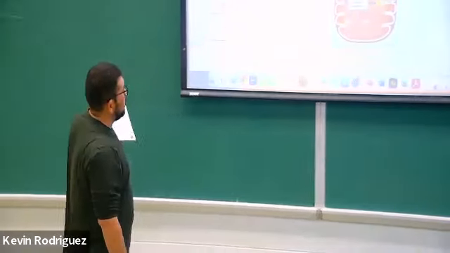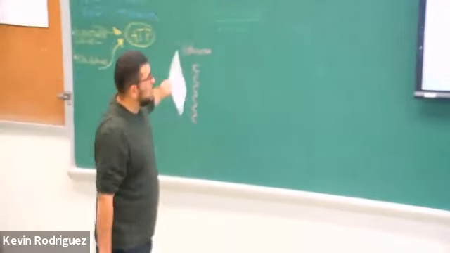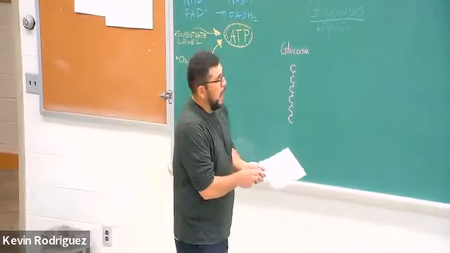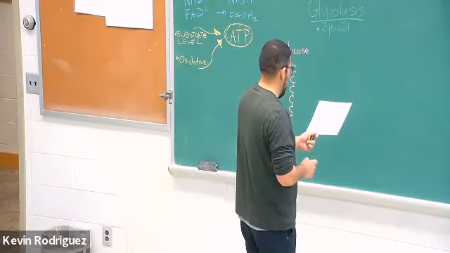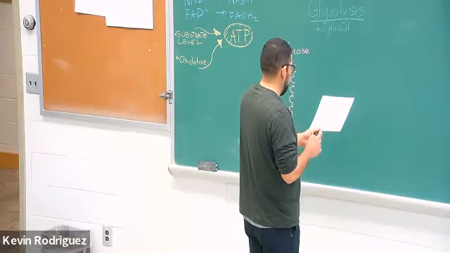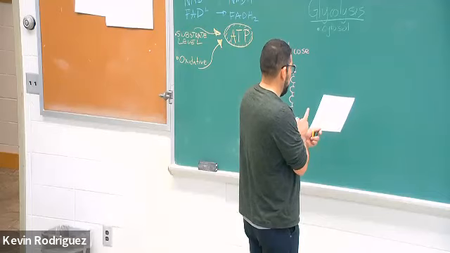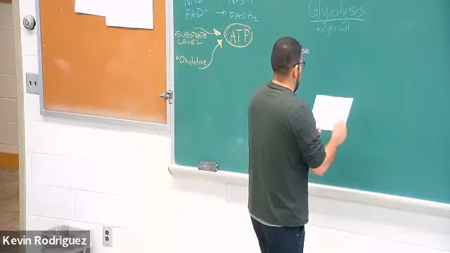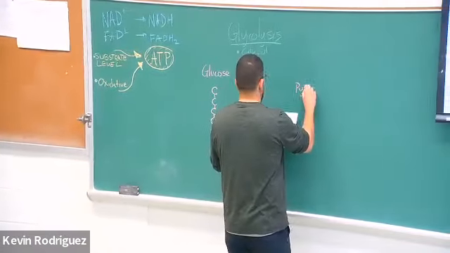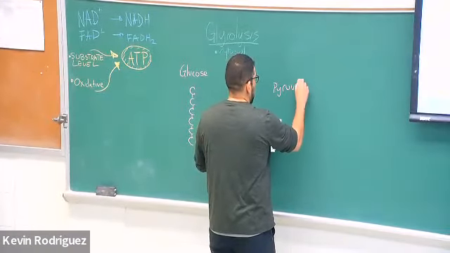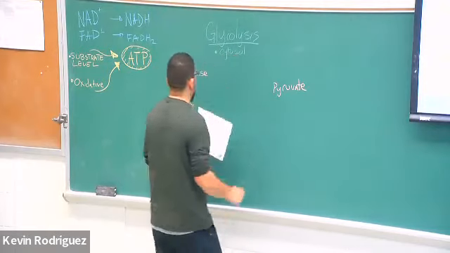Okay. So we start with glycolysis, glucose, 6 carbons. At the end of this process, we're going for this one to make pyruvate. So you're going to start with this.